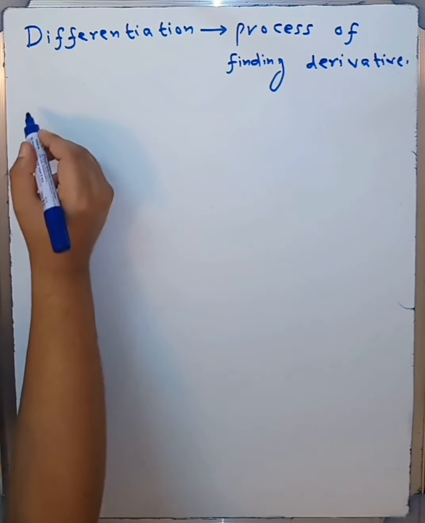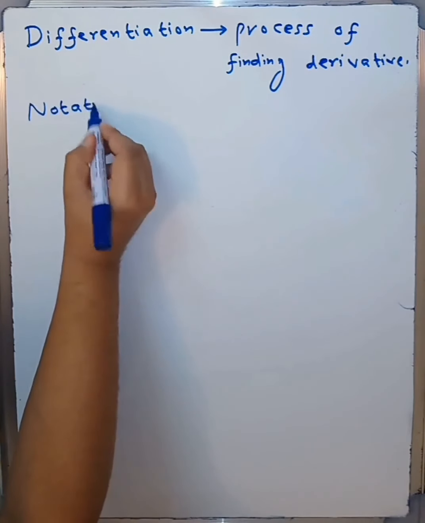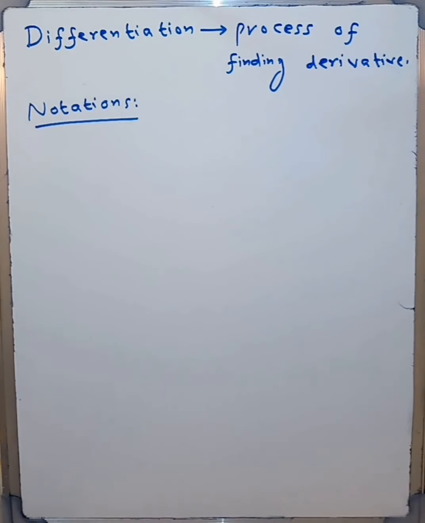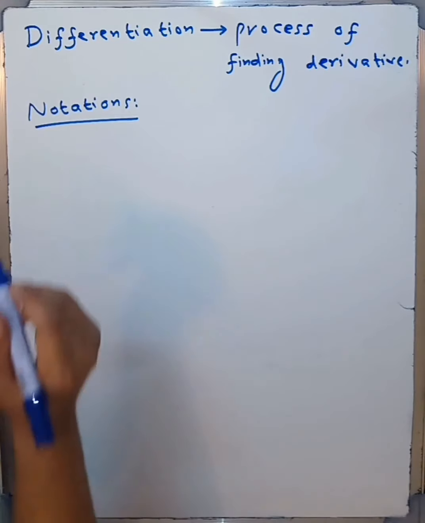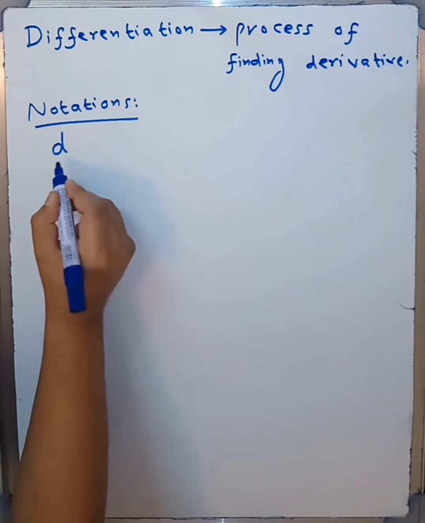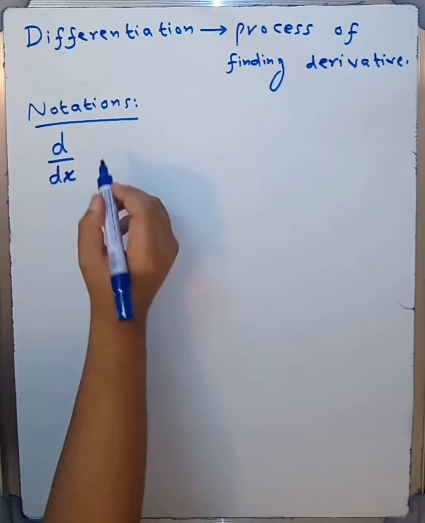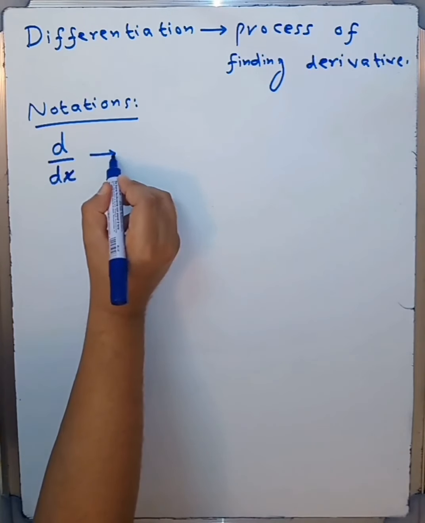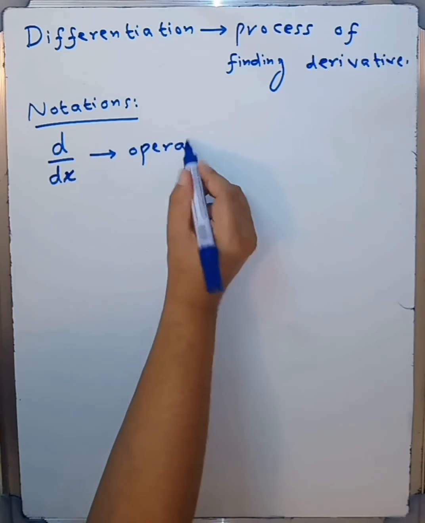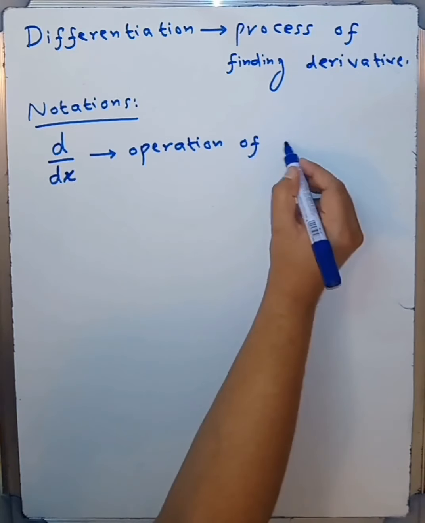Now let us see some notations. The symbol d by dx denotes the operation of differentiation.